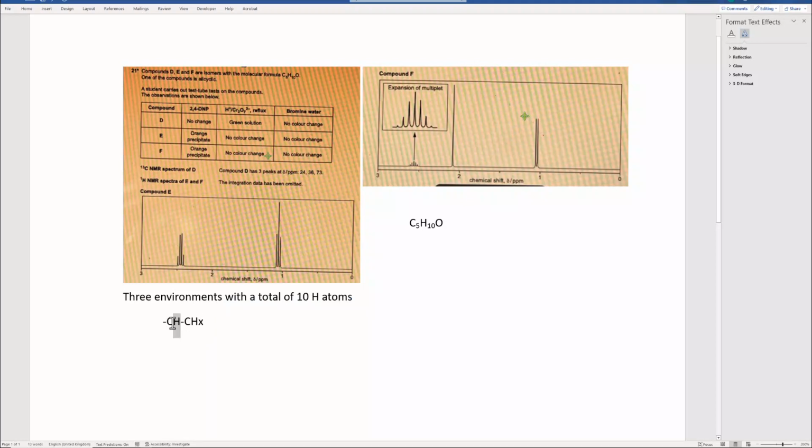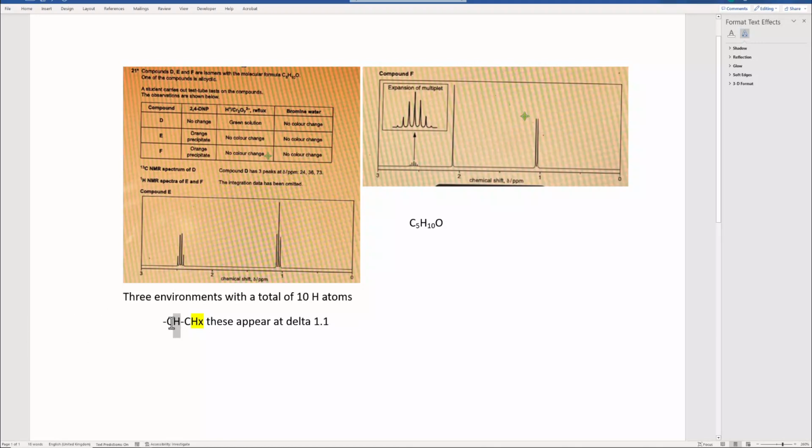We've just got the fact that there is 1 hydrogen splitting these CX, and if I colour these CX here, these appear at about delta 1.1, the CX.